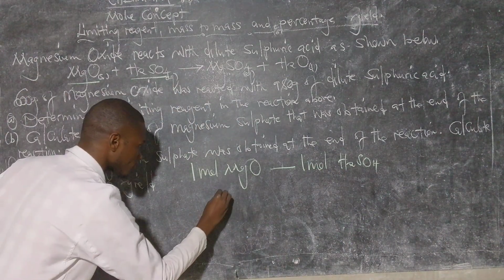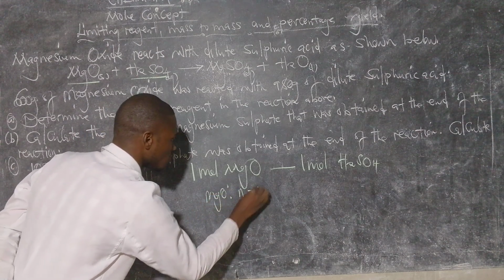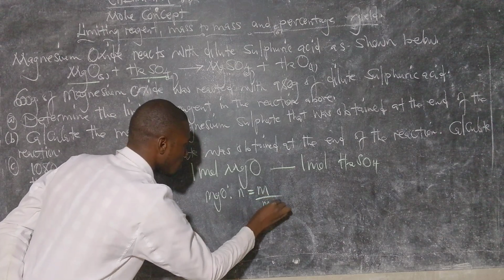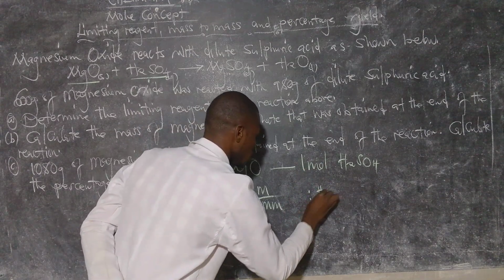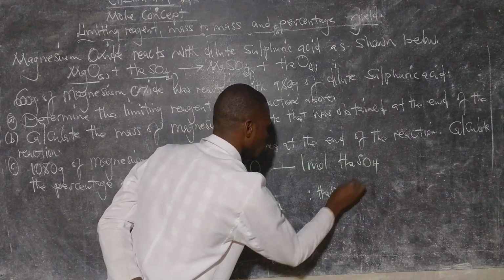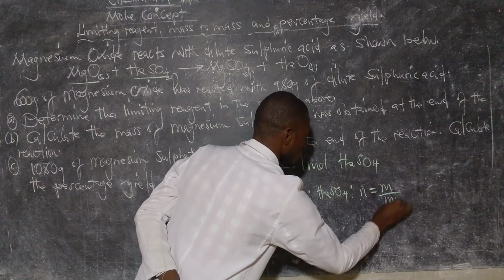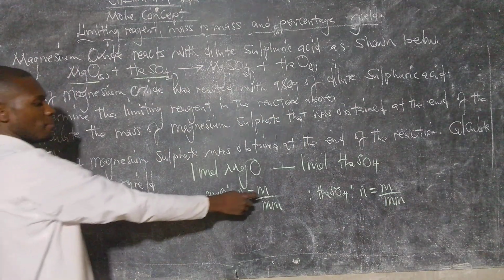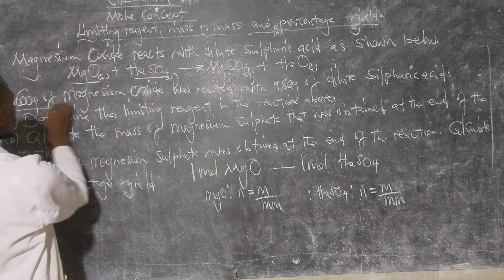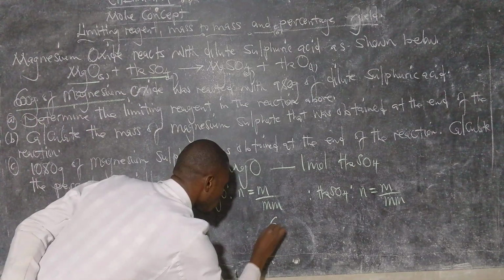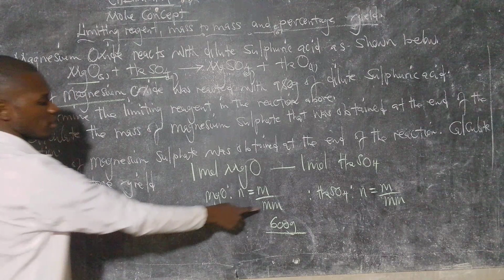Therefore, for magnesium oxide, the number of moles is equal to mass over molar mass, Mr. Also for H2SO4, the number of moles is equal to mass over Mr. The masses have been given for both reactants. So we have 600 grams of magnesium oxide, so put 600 grams over its Mr.